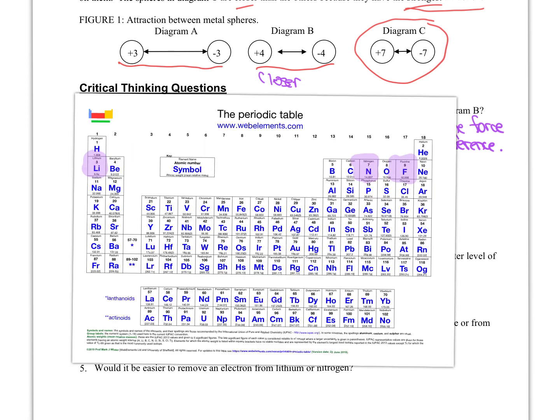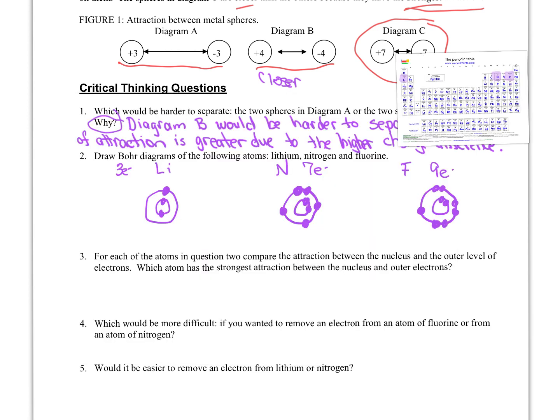When we look at the periodic table, lithium has 3 protons, so it has 3 electrons. Nitrogen has 7, and fluorine has 9. Okay, so there are the 3 Bohr diagrams for lithium, nitrogen, and fluorine.